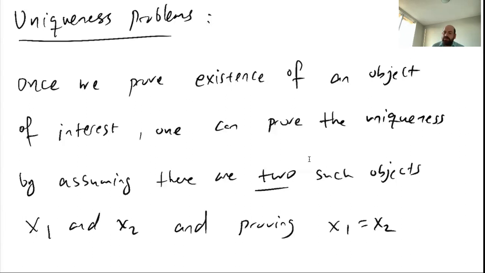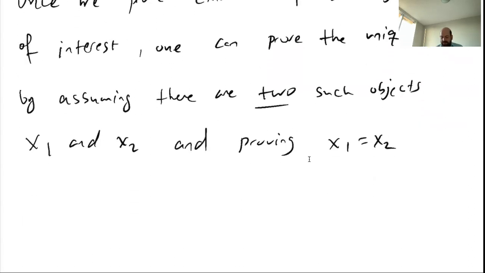Is that the only person whose investments are worth more than $1 billion, or is there another person in the world whose investments are worth more than $1 billion? So in mathematics, once we prove the existence, we can show the uniqueness by assuming there are two such objects, let's say x1 and x2, and prove that x1 has to be equal to x2. And then that means that the uniqueness must hold.